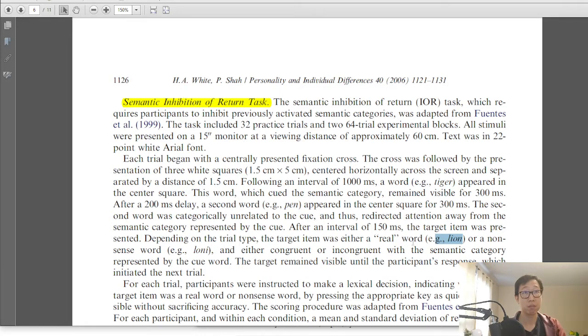So there's some underlying measure of inhibition that I'm not quite capturing here in my description, but I think the idea is if it's a similar semantic category as the first, then maybe it's a little easier. And if it's a different semantic category as the first, it's going to be a little harder. Yeah, I don't know.